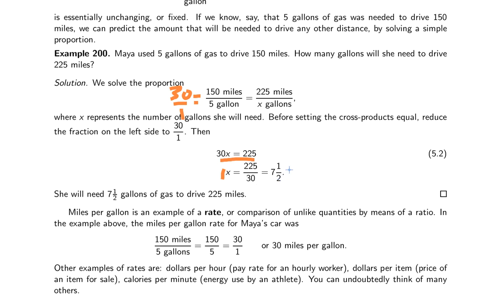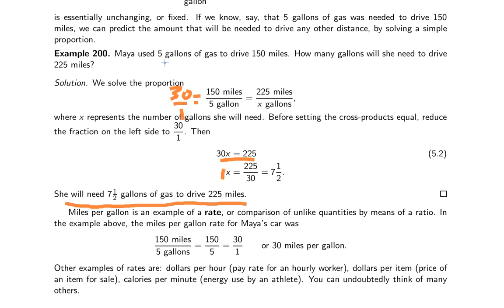So it's 7 and 15 over 30, and that 15 over 30 is 1 over 2. So here's the answer. She will need 7.5 gallons of gas to drive 225 miles. This definitely makes sense.